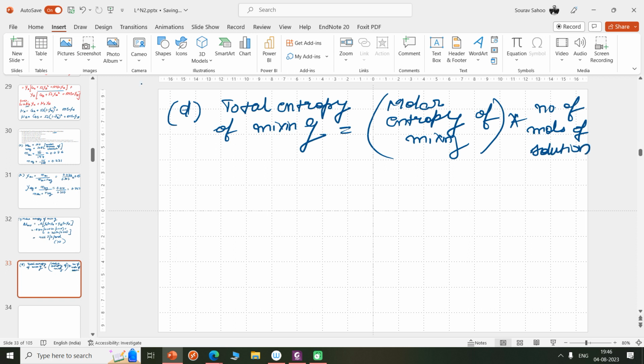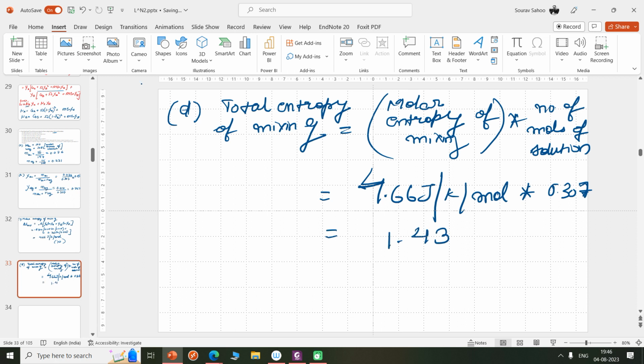So we have the previously calculated 4.66 joule per mole times 0.307, which is the total number of moles of the solution, right? This will give me 1.43 joule per Kelvin. It's positive because the molar entropy of mixing is also positive, right?